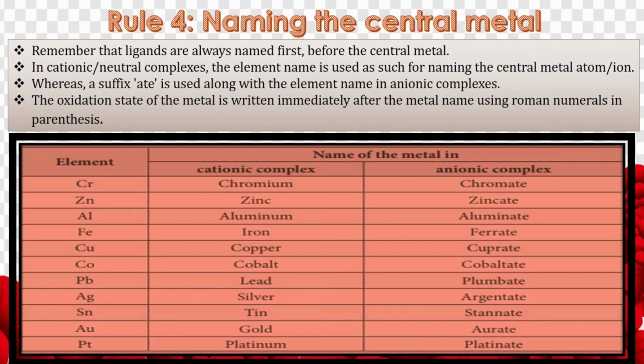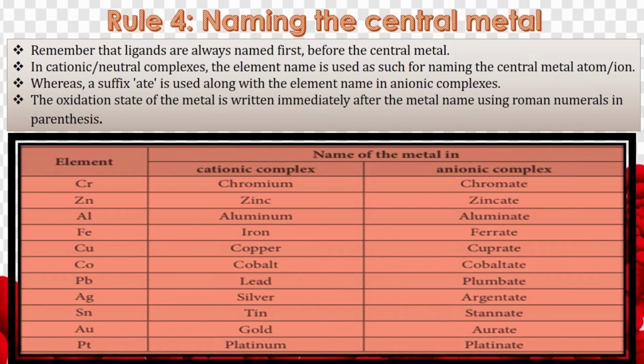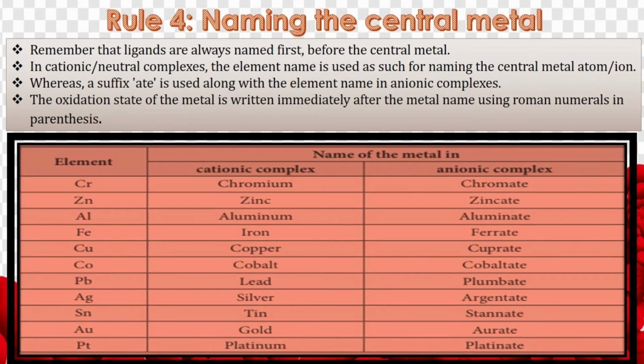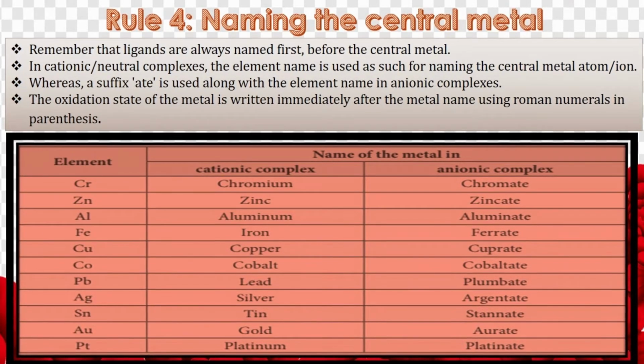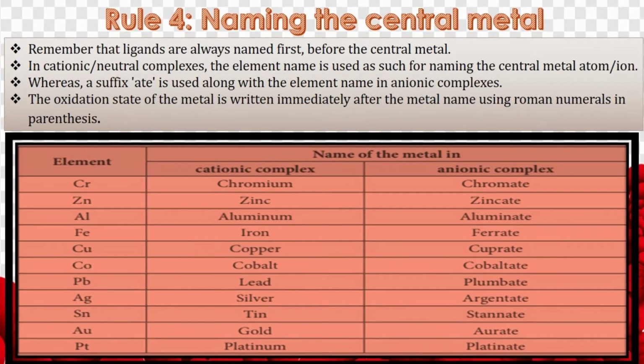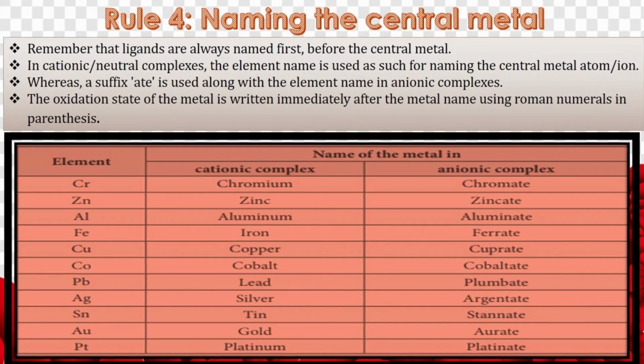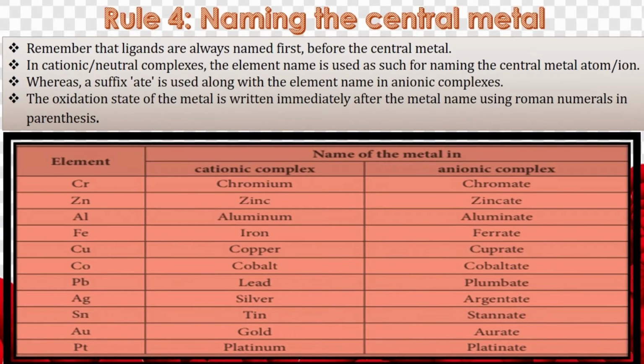Whereas in the case of an anionic complex, the central metal atom name will end with the suffix ate. In an anionic complex, the central metal atom name should end with ate, whereas in a cationic or neutral complex, the central metal atom has its elemental name.